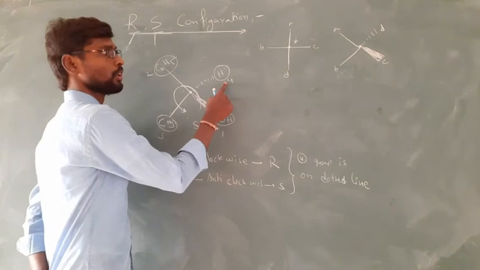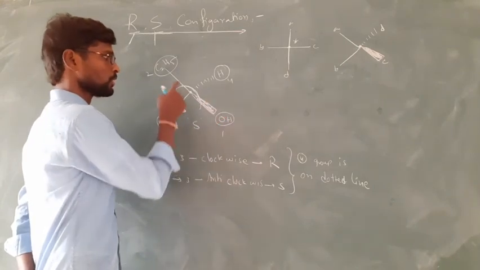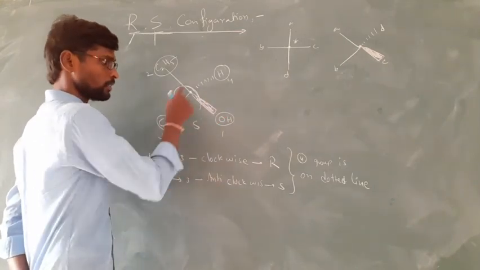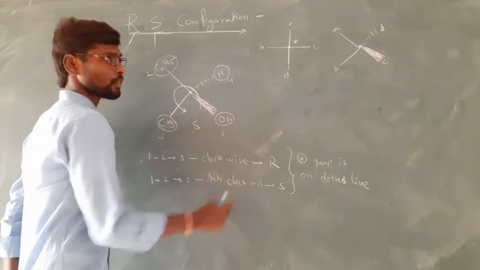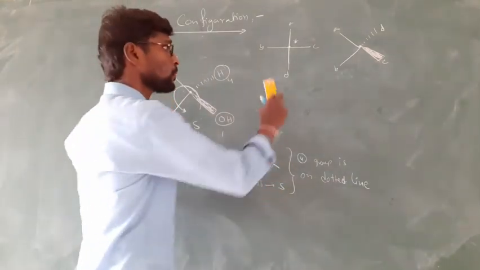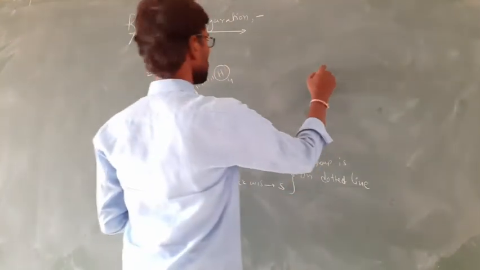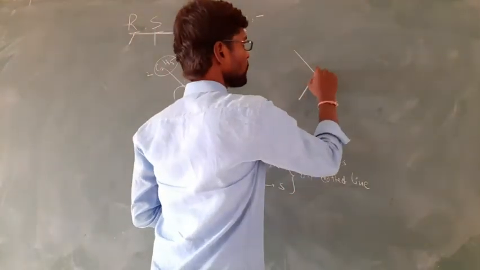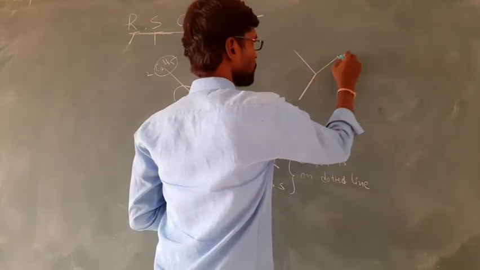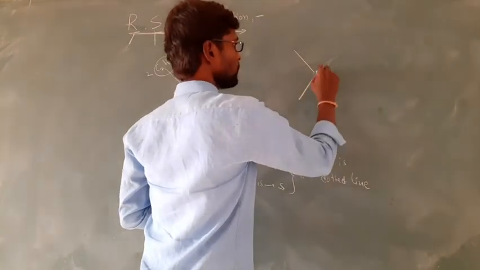Now observe here, the fourth priority group is at the back side here. So 1, 2, 3, what? Anti-clockwise. So we are giving S. Now if you observe, what will happen if the molecule is in the next one? If it is on a thick line? Here I am taking the same molecule.